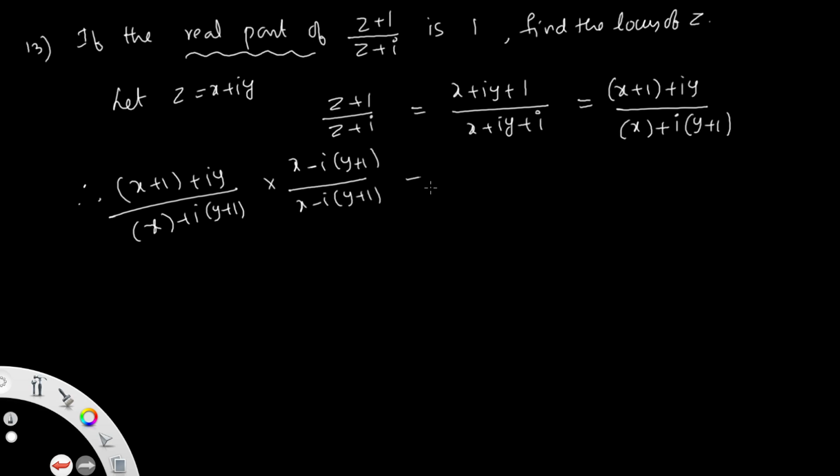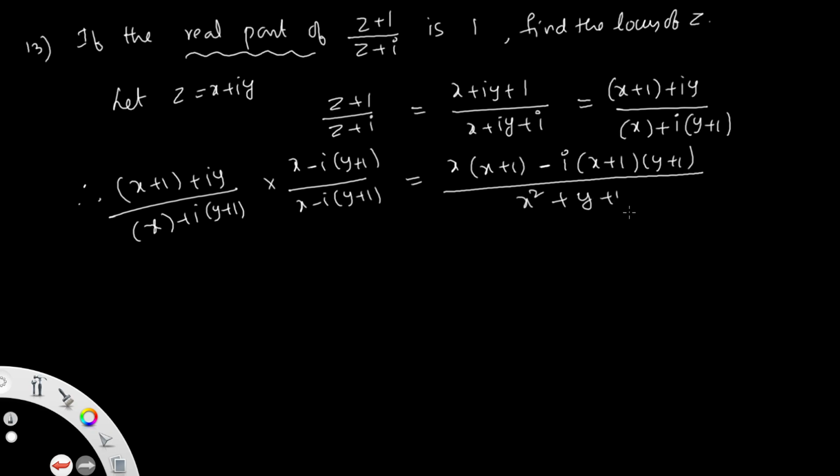The numerator, by general multiplication, is x into (x plus 1), minus i into (x plus 1) into (y plus 1), divided by the denominator of the form x square plus (y plus 1) whole square.